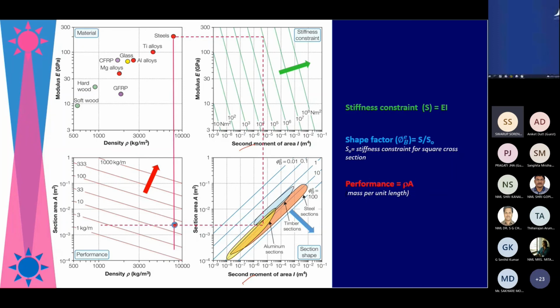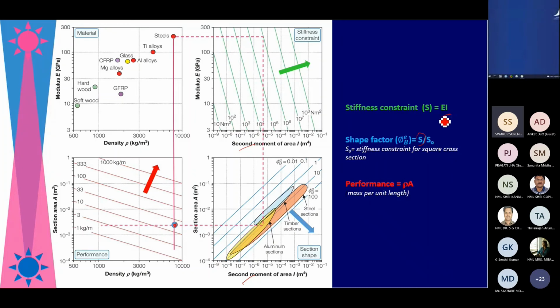Okay, so for the steels, we go to this, define EI, and then we use the shape factor for this, and then using this shape, we choose this shape factor. You see, the S is the value of what we are getting from here.